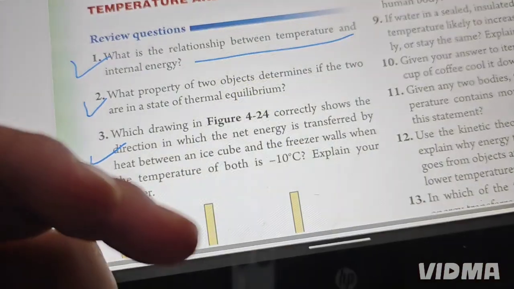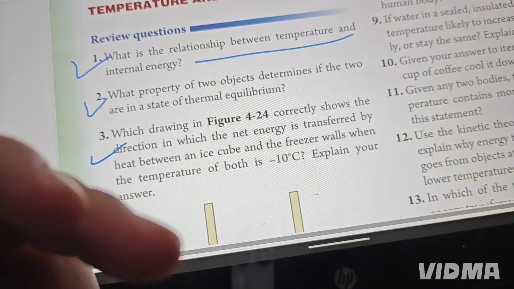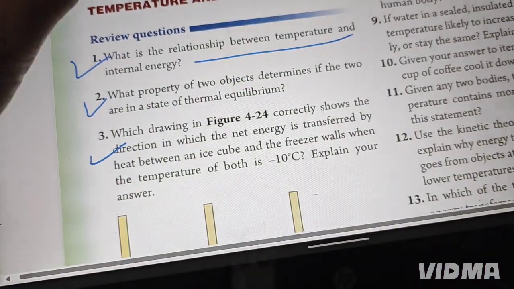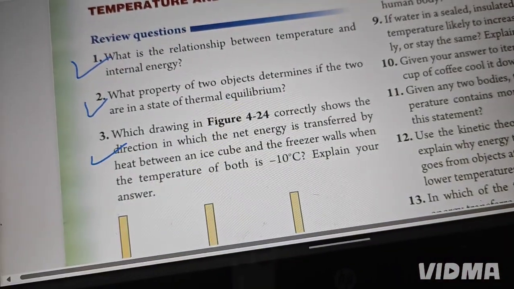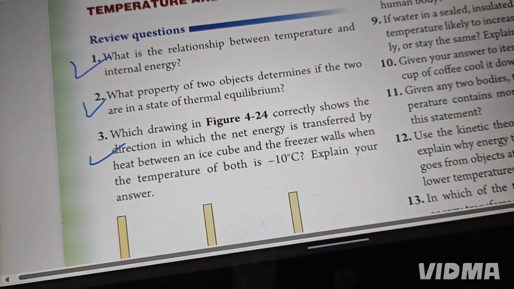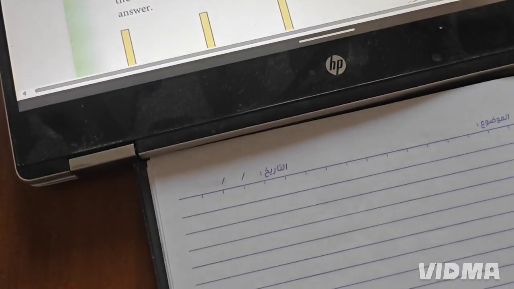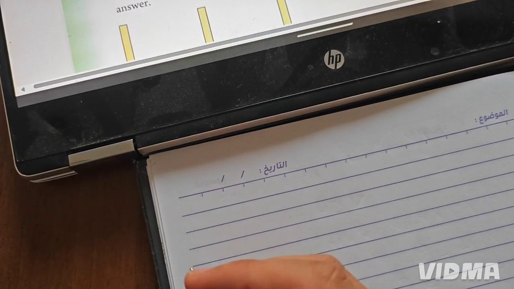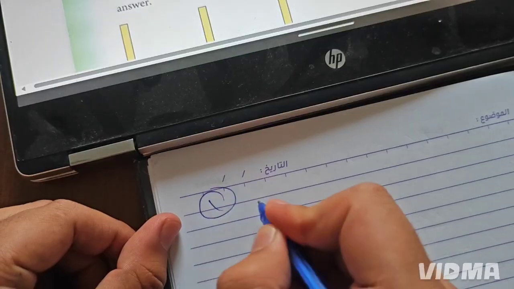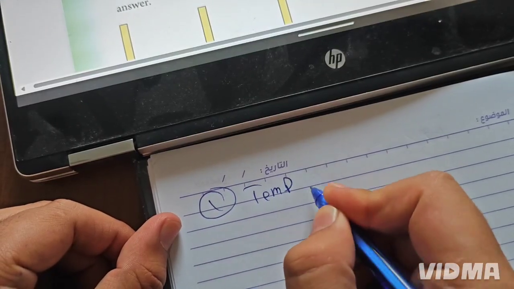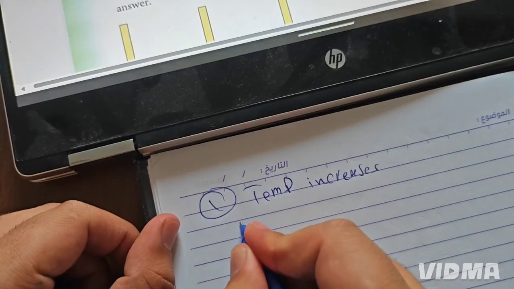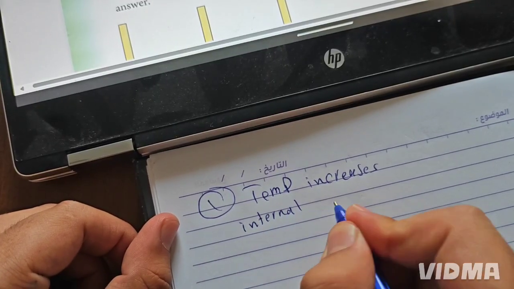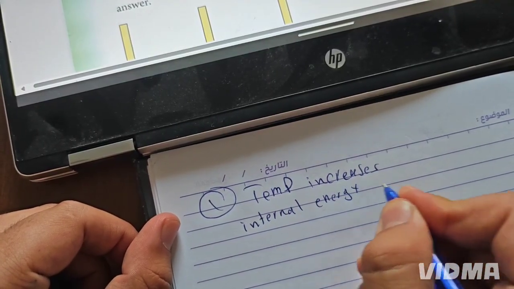When the particles receive energy, they move quickly, and their motion increases. So in general, the relationship between both is directly proportional. For question 1, we can say that if the temperature increases, internal energy increases too.